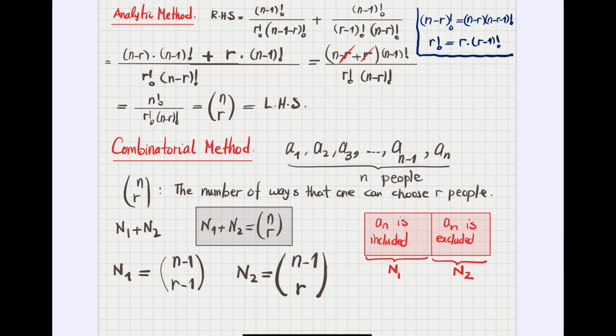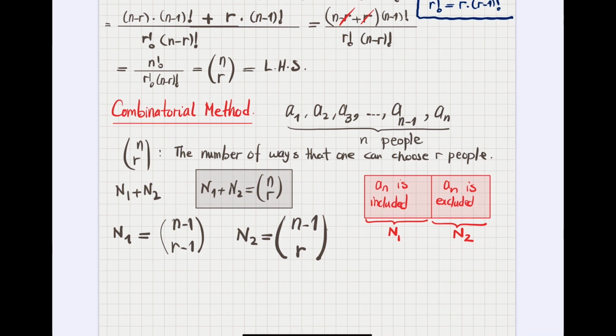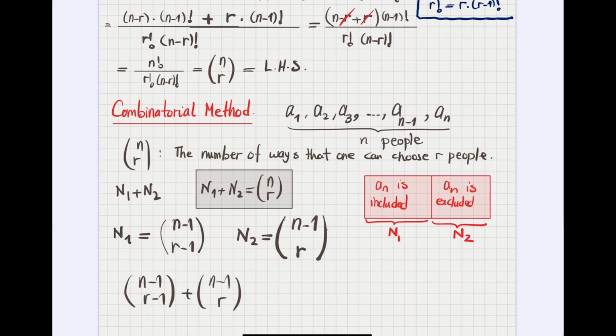So we are done. On the one hand, I hope that you understand this argument. N1 plus N2 should be this, but N1 and N2 are individually this. If you put them, then I am done. Instead of N1, I put n minus 1 choose r minus 1. Instead of this N2, I put the other one. And on the right hand side, you see I have this. So that is a combinatorial argument for proving the Pascal identity. Okay? Is that understandable?